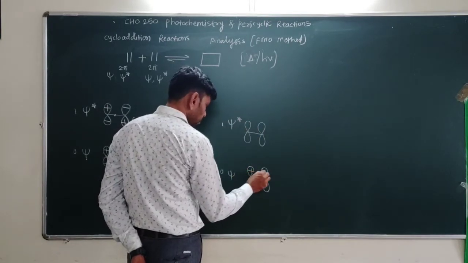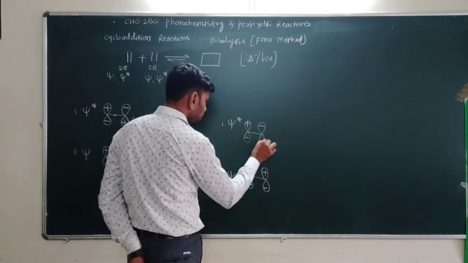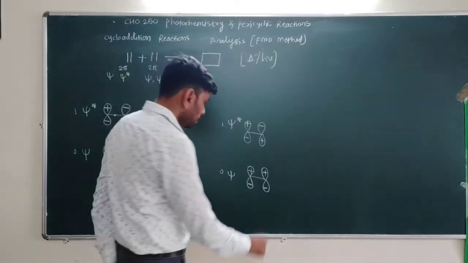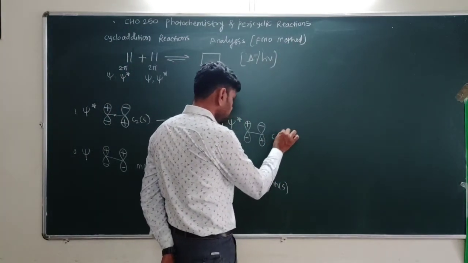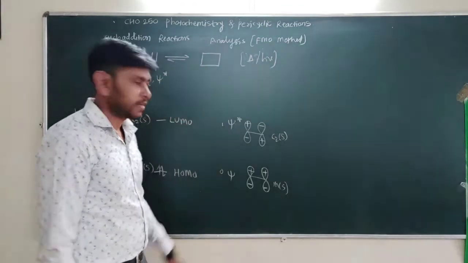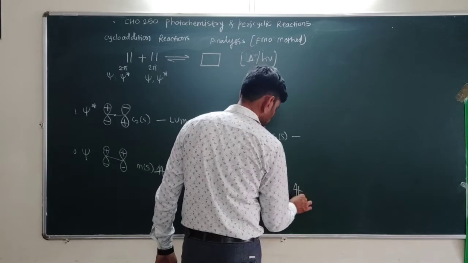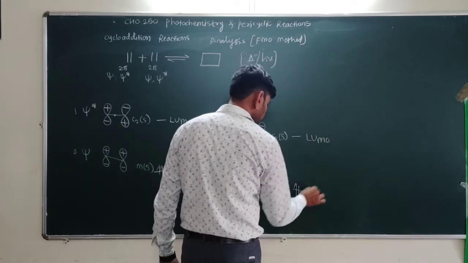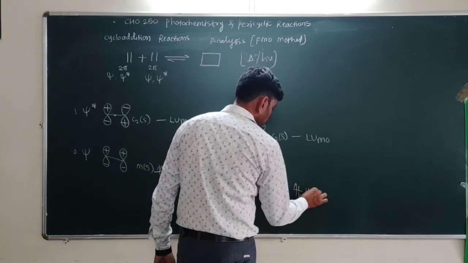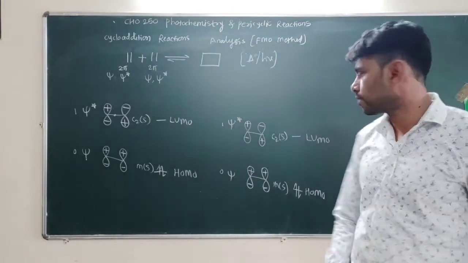Here plus, plus, and plus, minus. Symmetries: this has M symmetry, and this has C2 symmetry. So the electron distribution is in the same manner, and this one is empty. So this is the LUMO, lowest unoccupied molecular orbital, and this is the HOMO, highest occupied molecular orbital.